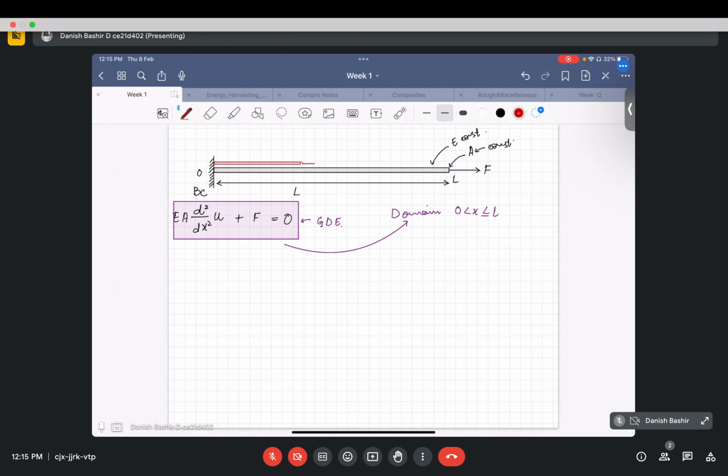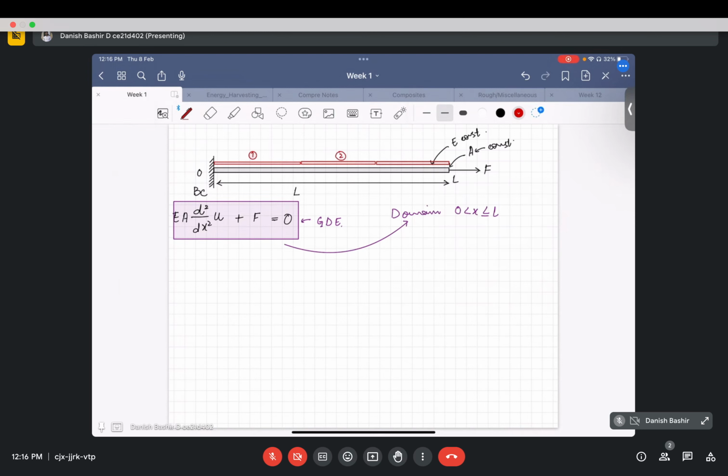element 1, element 2, and element 3. I took three elements of equal length.